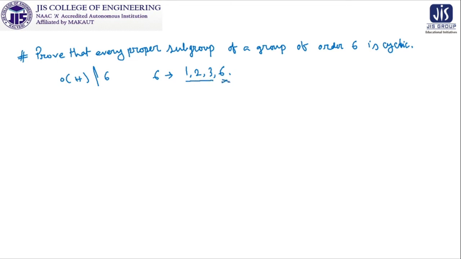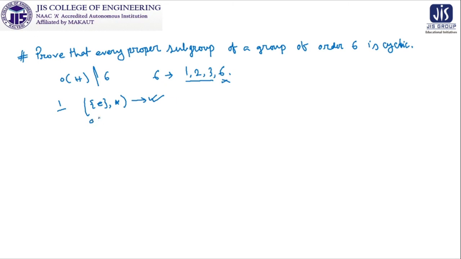We are not going to consider 6. So if 1 is the divisor we are taking, then the set will be something like that with the defined binary operation, and it will always be a group. Clear? And it is going to be a cyclic group also.